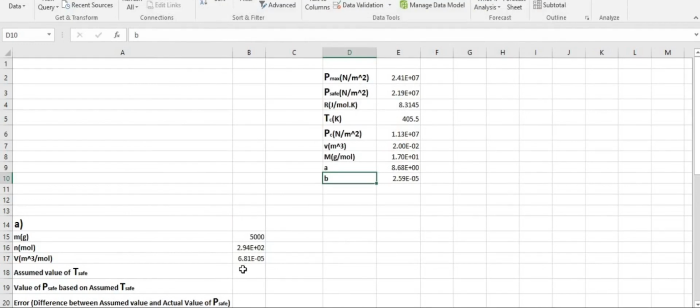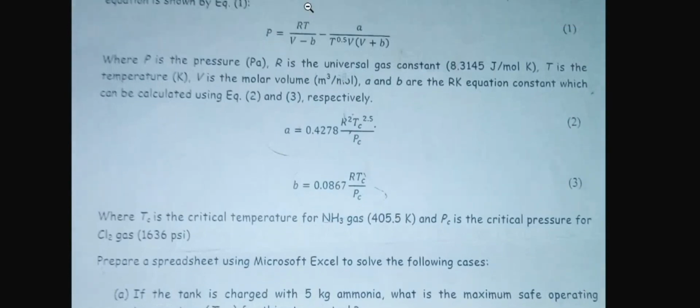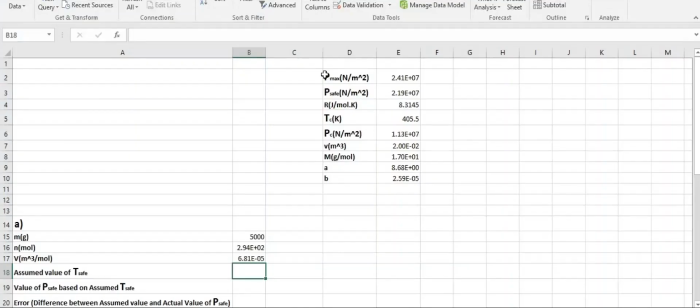We are going to take an assumed value of T safe, which is our unknown, and then we'll use the formula for calculating P, that's the RK equation, using that assumed value of T. So it will give us a different value from our value of P safe, which we are using to compare.